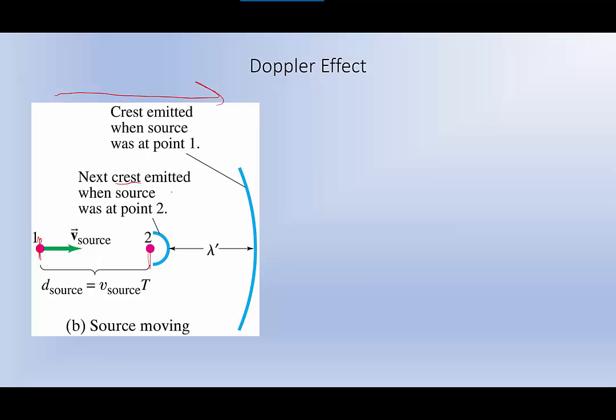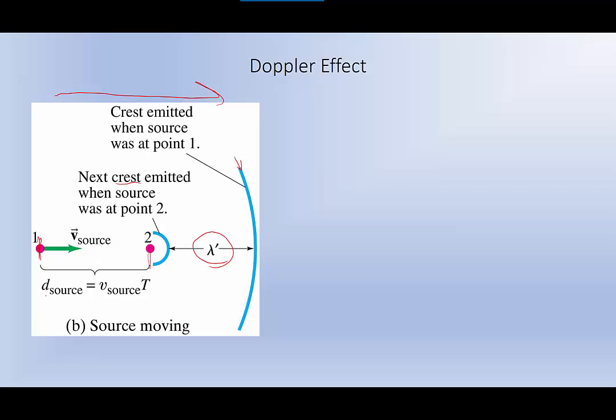So the frequency of the wave is such that the truck can go from point 1 to point 2 in a wavelength. Well, by the time the truck gets to point 2, the very first crest gets over here to the far right. The next wavelength that's just being emitted is emitted at 2. And that then becomes our new wavelength, our lambda prime.